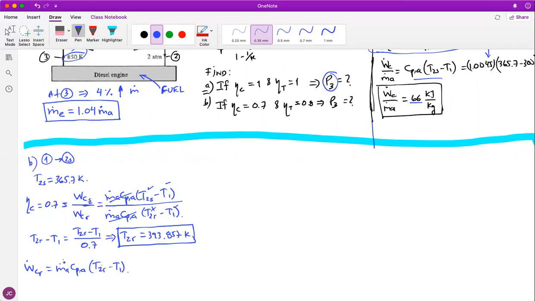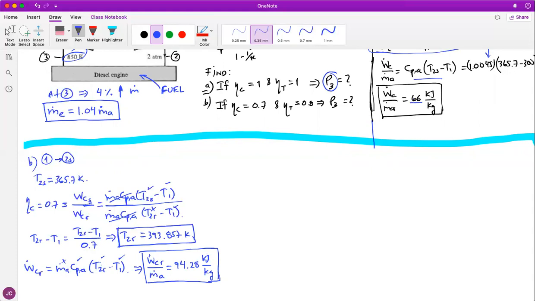Okay, therefore I can get something out of that, which equals the specific work of the compressor. In this case, I have the number, and this thing is going to be 94.28 kilojoules per kilogram. Notice that I need to supply more work for an actual compressor than for an ideal compressor.